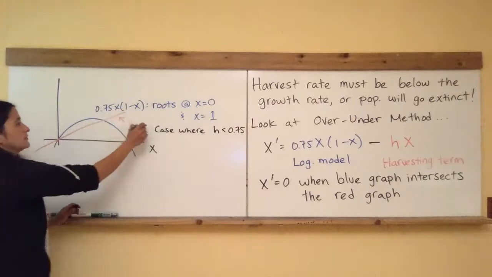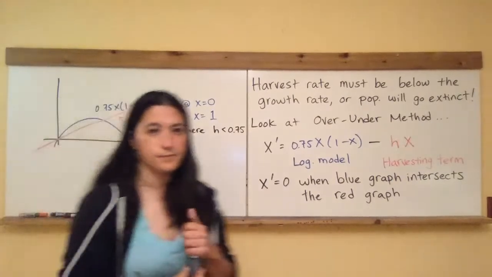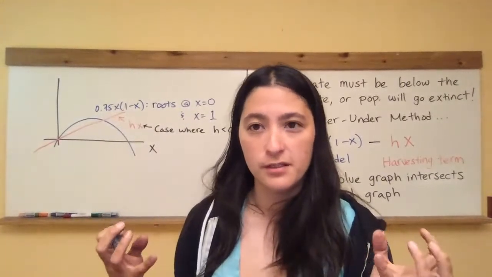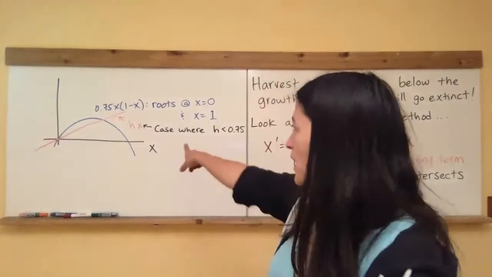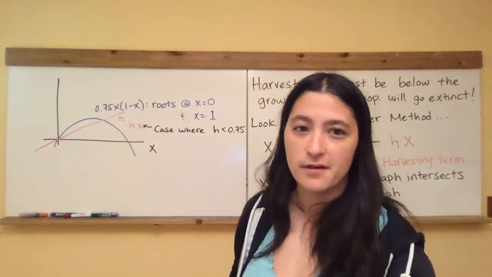Okay? Now, remember, the over-under method, I'm going to cleave it off into two different parts. I'm going to look for the places where those intersect. Do you see why I know that this is the case where h is less than 0.75?